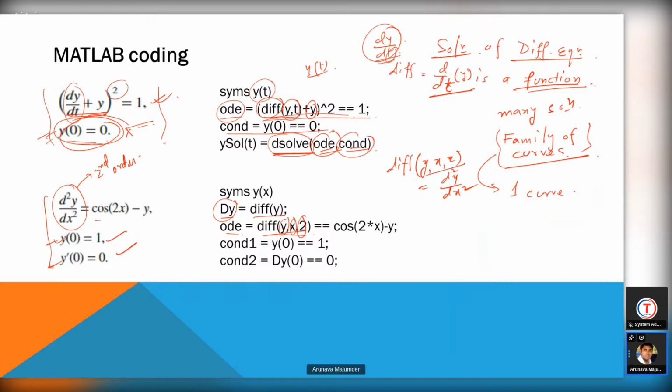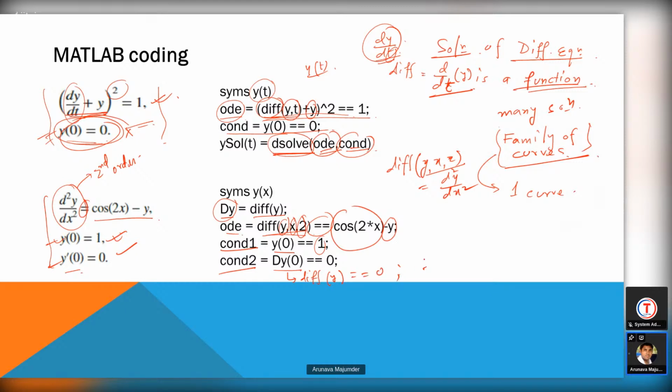It is equal to cos 2x minus y. So equal represents the equality sign, cos 2x minus y. Since there are two conditions, we have to write condition 1 and condition 2 here. So y(0) equal to 1, and y dash 0, that is dy, or instead of writing dy you can also write diff(y) equal to 0.